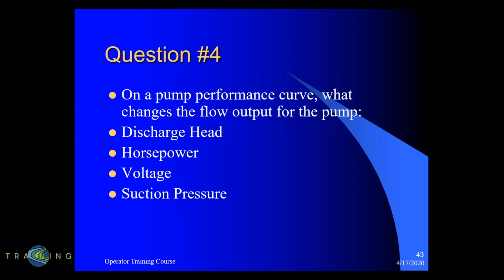So both your discharge head and your suction head or suction pressure make a difference on your flow output. Horsepower and voltage are things that are going to be part of the equation of selection, but it's not going to change your flow output.